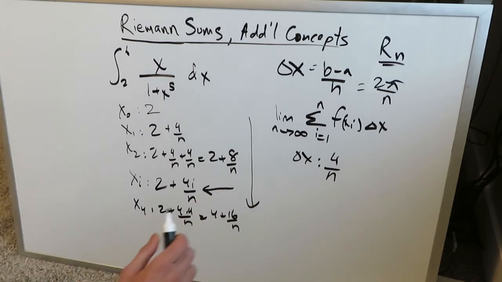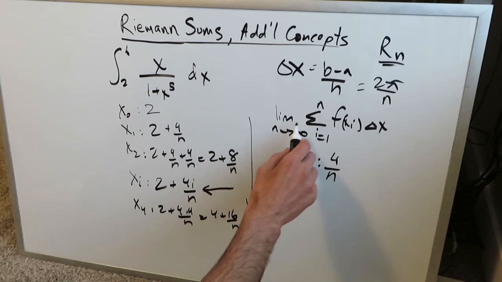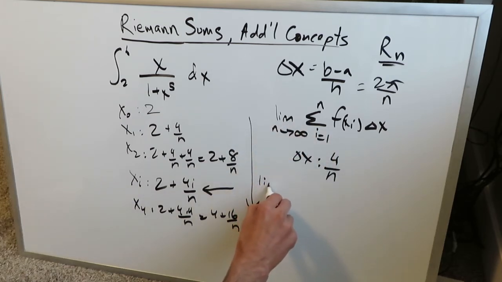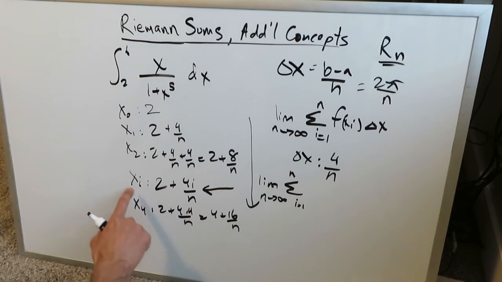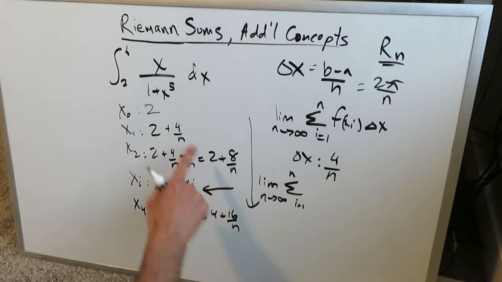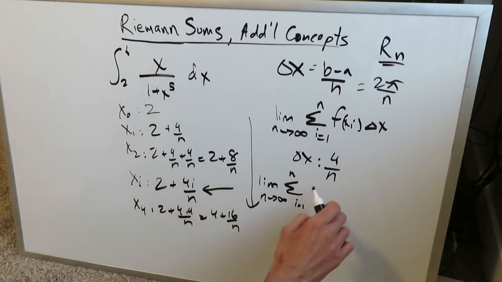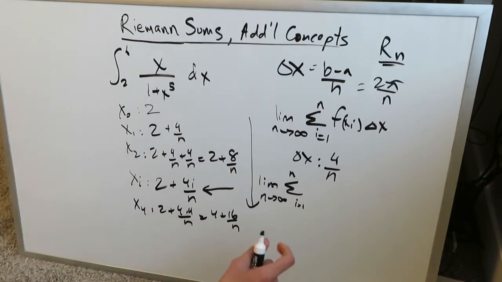We can do it right over here. We have the limit as n approaches infinity, sum from i equals 1 to n, and f of xi right here. This is going to be placed into your f of xi in this form over here. Now things are going to get a little cramped, but let's try to be neat about it.